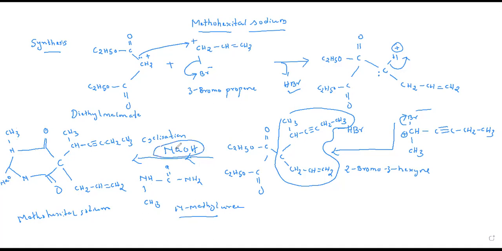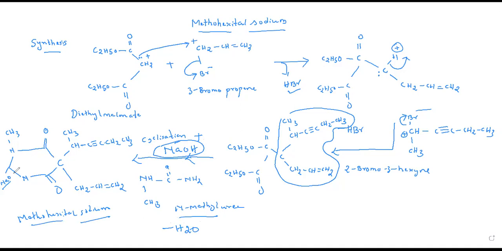When you break the bond between oxygen and hydrogen in sodium hydroxide, you will get H plus and NaO, so this NaO I'm going to substitute here. This hydrogen, another hydrogen atom from the N-methyl group and one oxygen will be removed in the form of a water molecule, so that you get methohexital sodium.